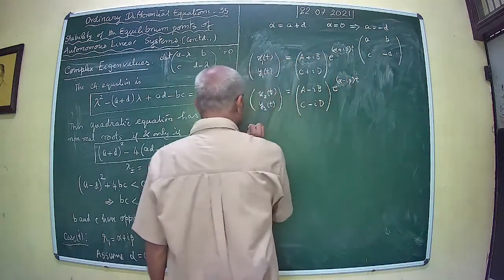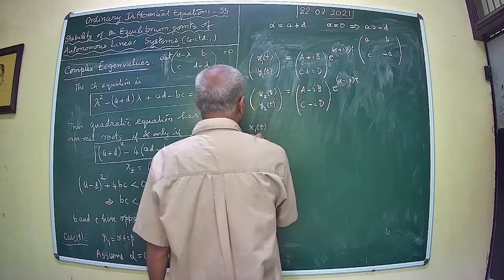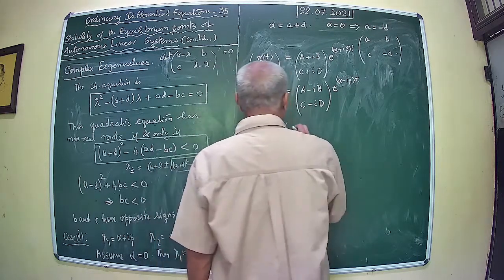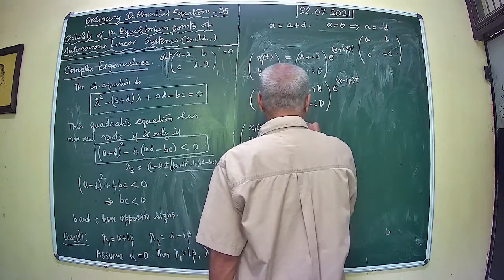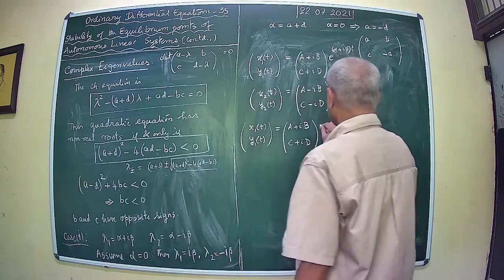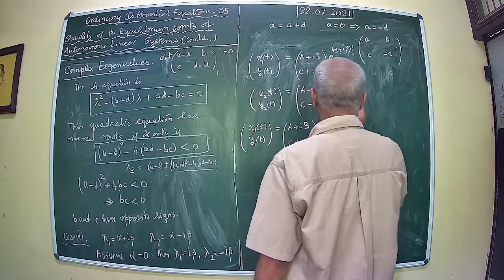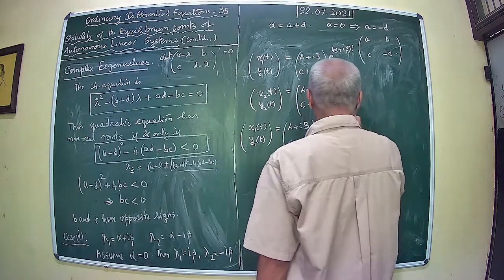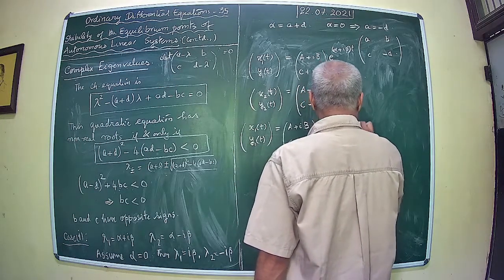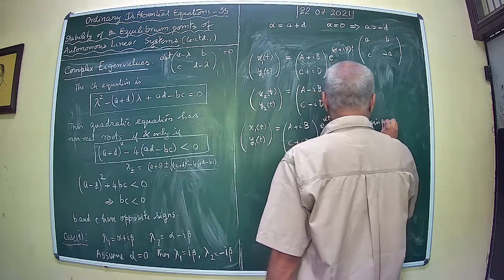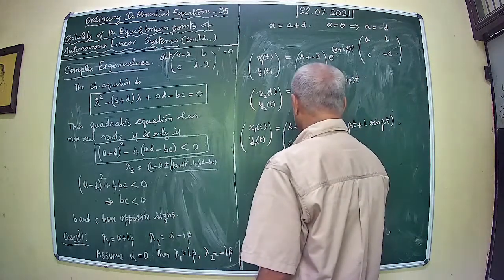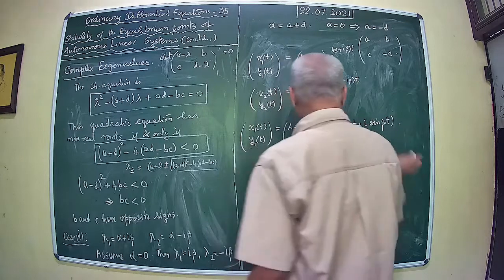So let me write this one, x1(t), y1(t). This is equal to a plus ib into e to the power alpha t into e to the power, that is cos beta t... this is real. So this is equal to, write down this.